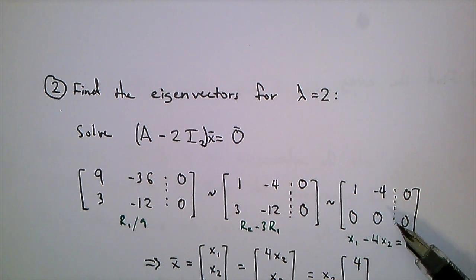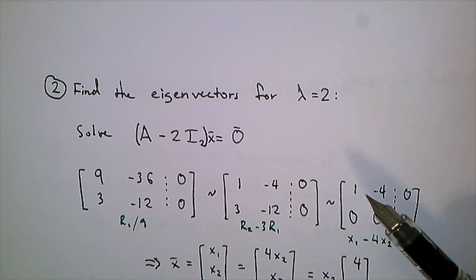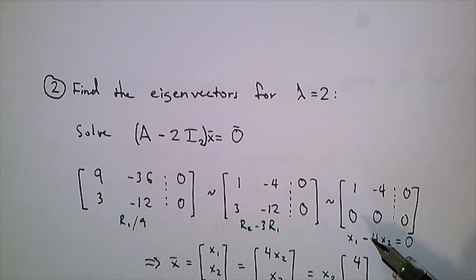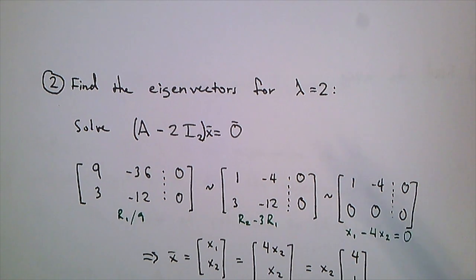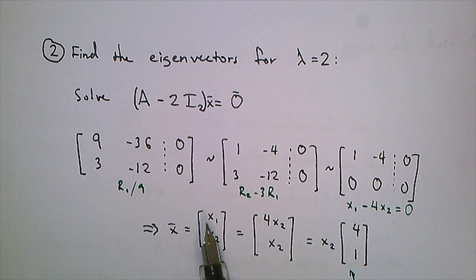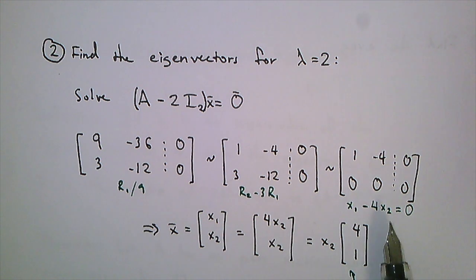We have a row of zeros, and then the first row translates into x1 minus 4x2 is equal to 0. So to write out the solution, if x is some unknown vector, x1, x2, then we know that x1 has to be equal to 4x2, so substitute that in.